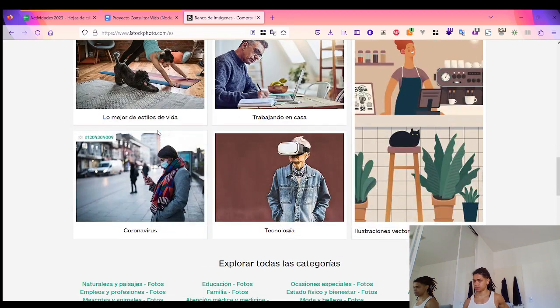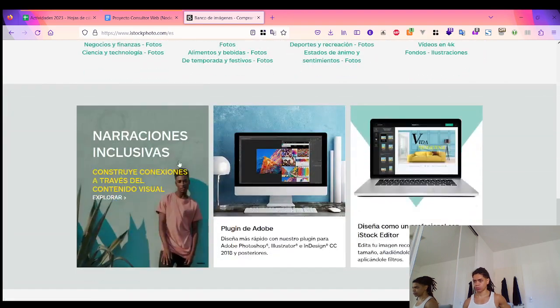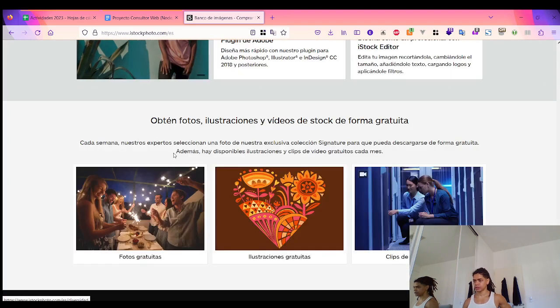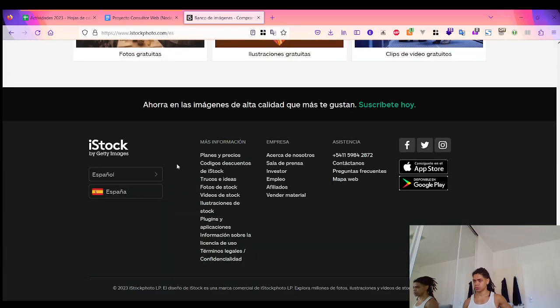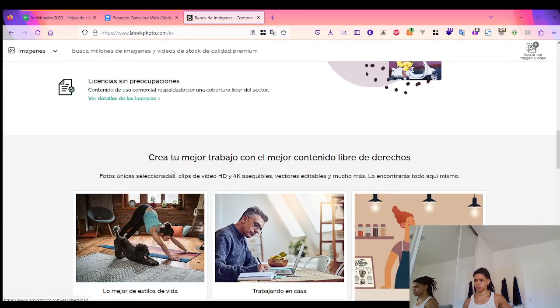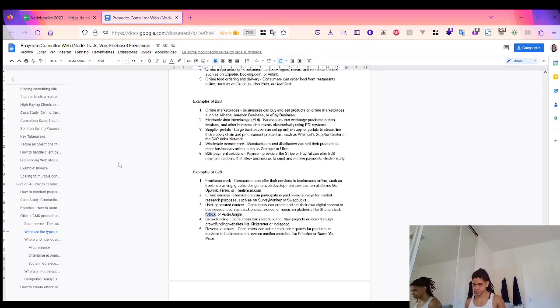Exactly. So basically it's selling your image, right? But this is another business here. Again, the consumer to business.